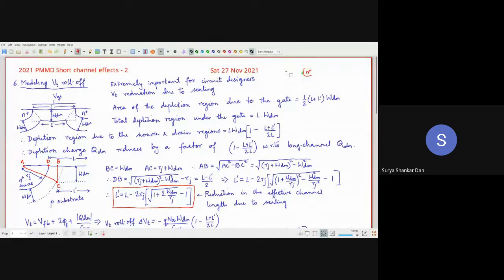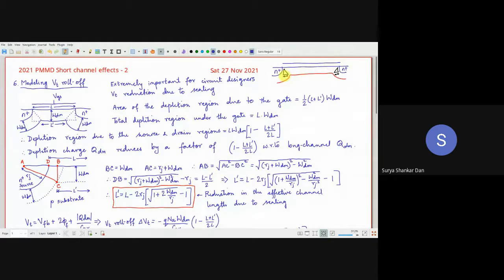Now if we consider a large device, the depletion region will extend somewhat like that. But even in a large device we are going to have this portion, this is your delta L, which falls under the gate.